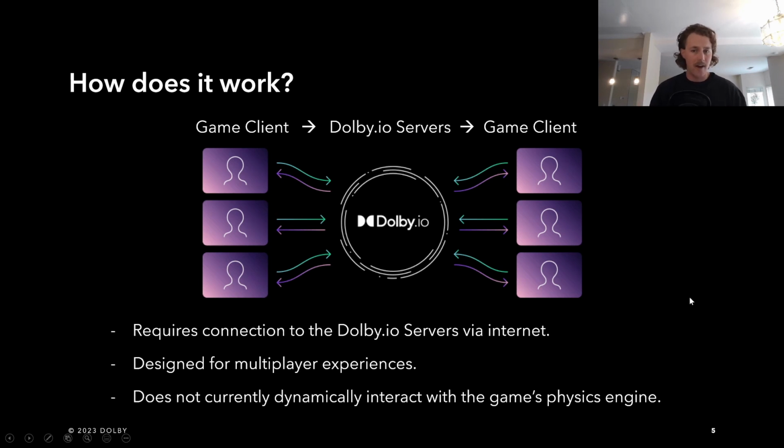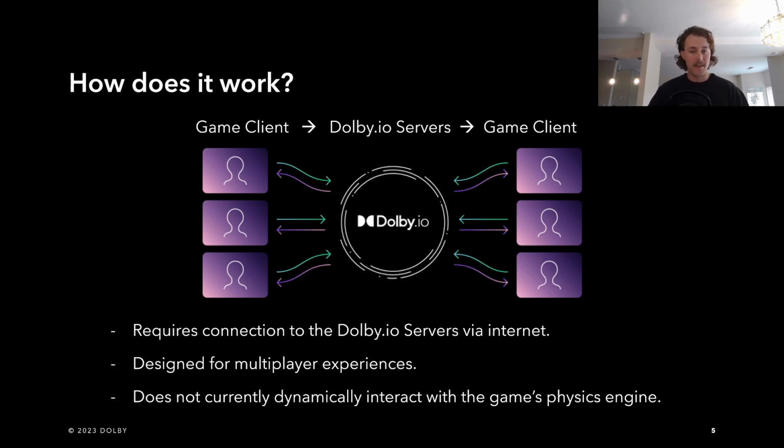So how does Dolby IO actually accomplish that? Well, what we do is we take the audio from the game client along with information around the position of the game entity, and we pass that up to the Dolby IO servers. The Dolby IO servers then do all the heavy lifting and mix it before distributing back to the other players inside the game.